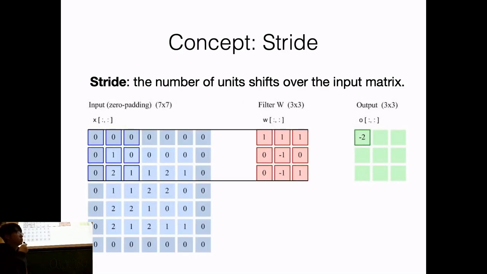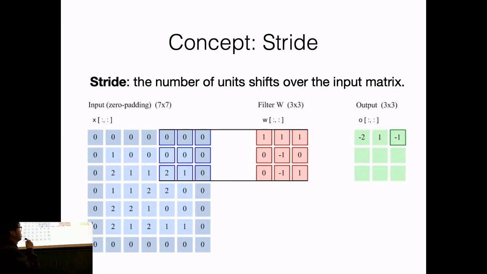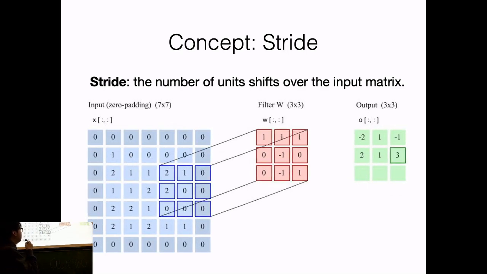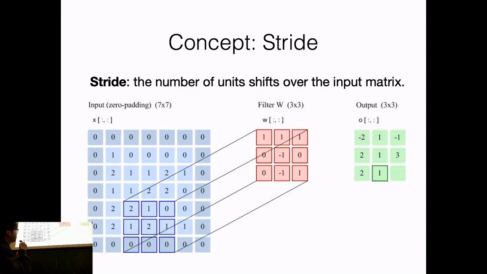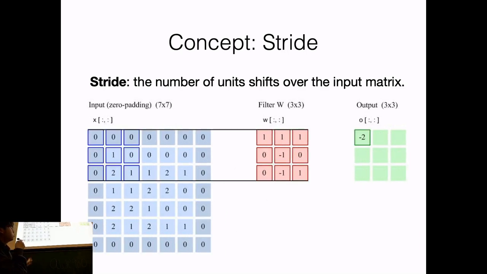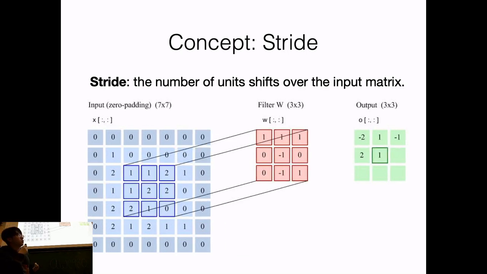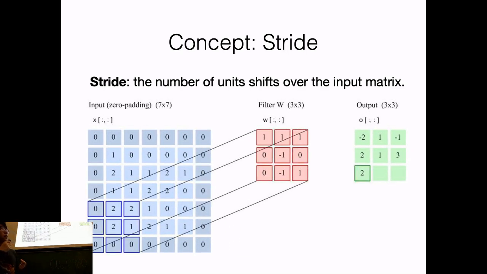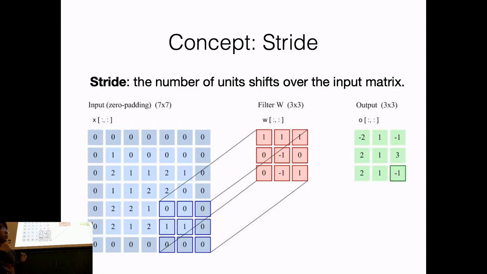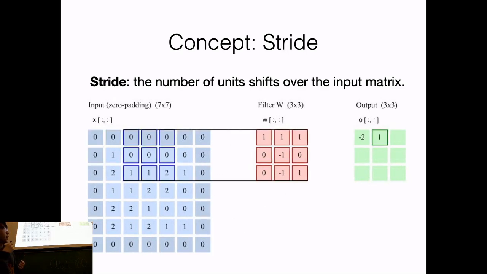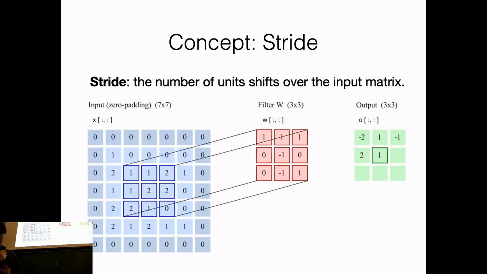So how about this case? This case just shows the stride size equals 2. So these two slides just show there is a concept called the stride in the convolutional network, and how to decide the stride size is up to you.